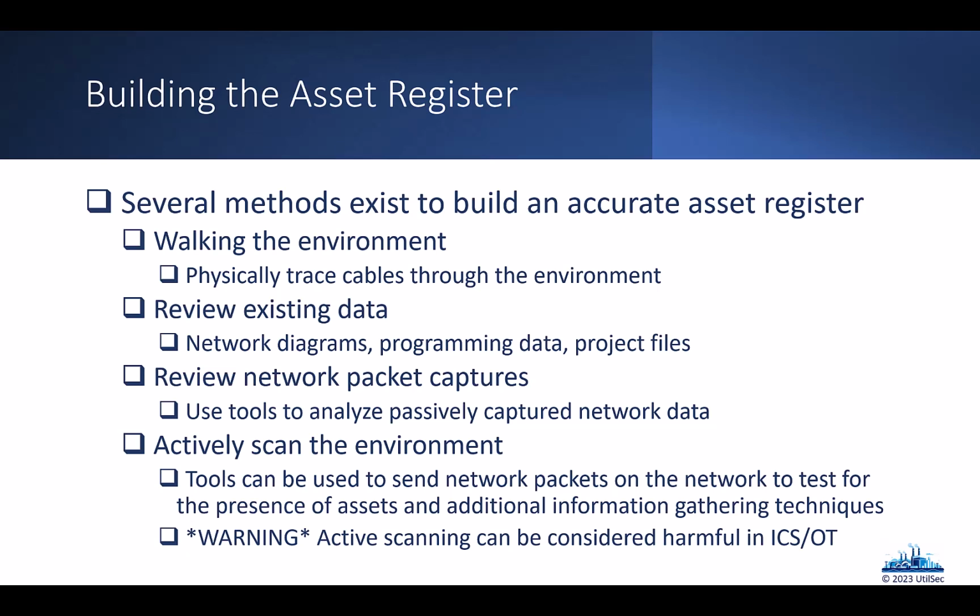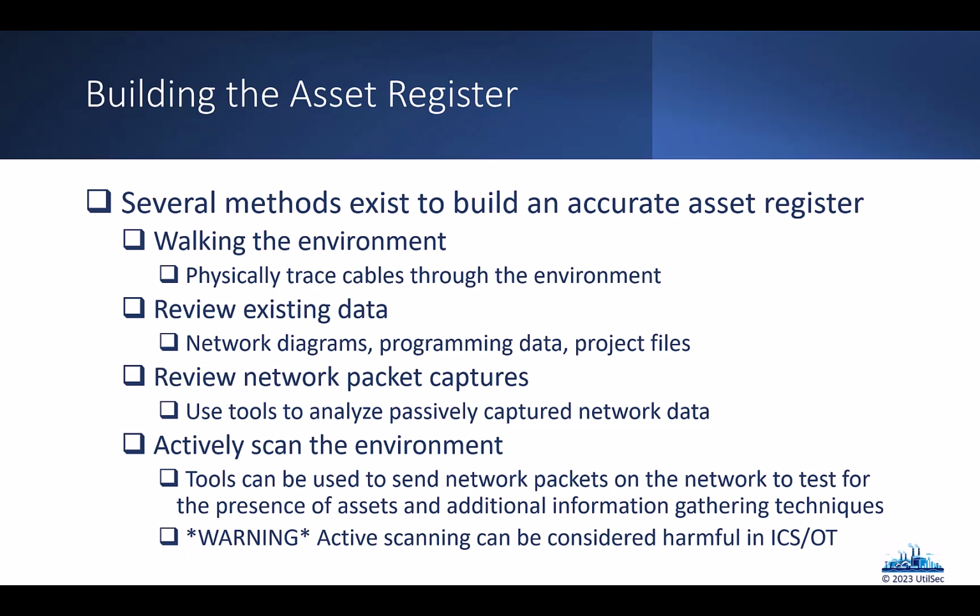If we have PLCs in an environment, we should have programming data for those PLCs. All of those files can house pieces of information that we can bring together to build an asset register. And whether it's PLCs or something on a much larger scale like a DCS that is aware of more than likely most, if not all, of the PLCs in your environment, we can look at the data there as well.